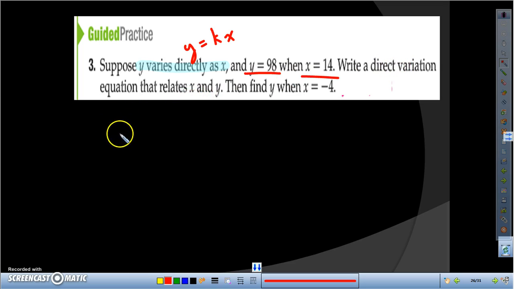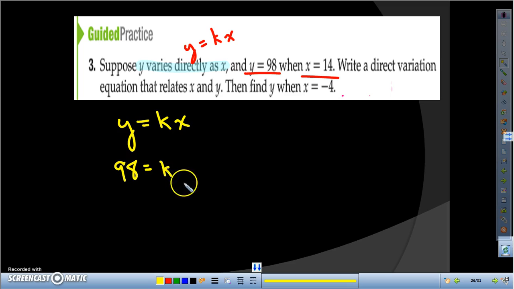So to do that, I'm going to start with the general form, y is equal to kx, and then I'm going to plug in my y and my x into this general form. So y is 98, k is what I'm looking for, and x is 14.